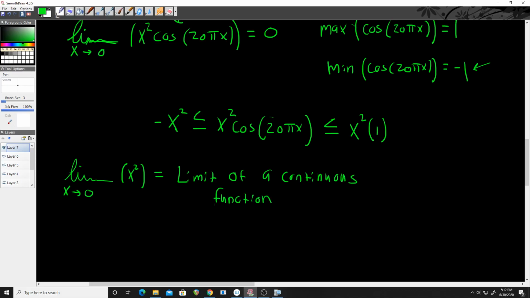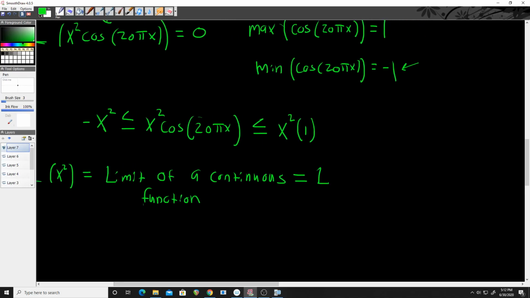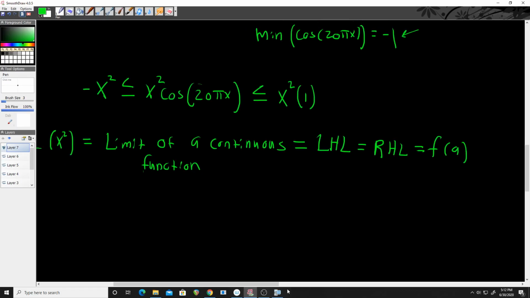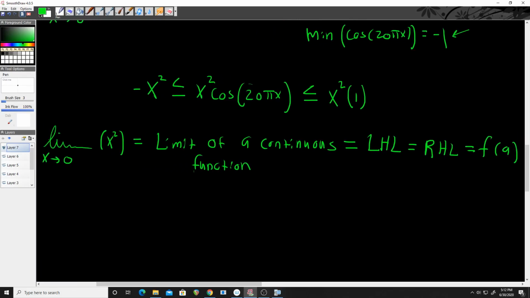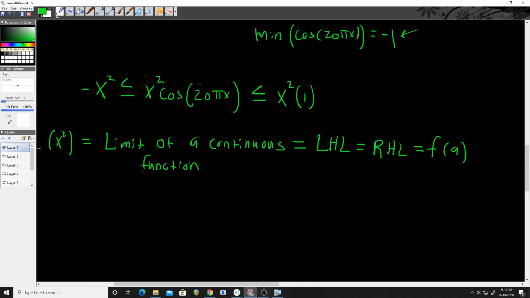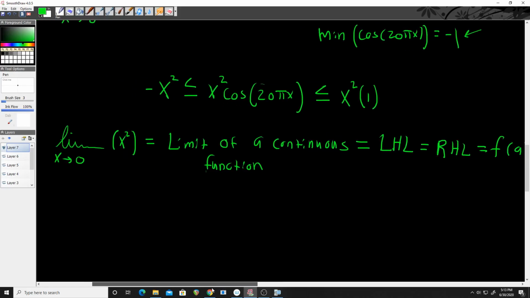Since we know x squared is continuous, that means literally that the left-hand limit equals the right-hand limit, which equals f at a. That's what it means to take a limit of a continuous function. So if you have a continuous function, you can find its value just by plugging a into the function. In our case, a is 0. So the limit is just going to be 0 squared, which is 0.